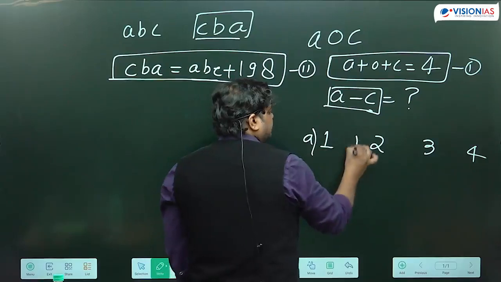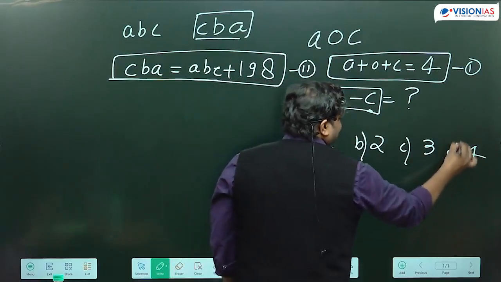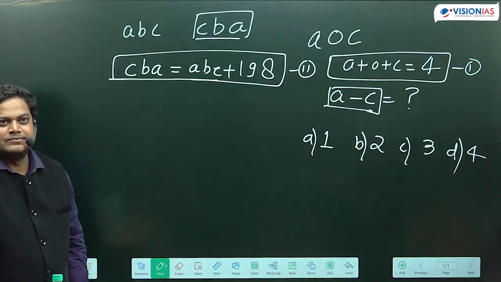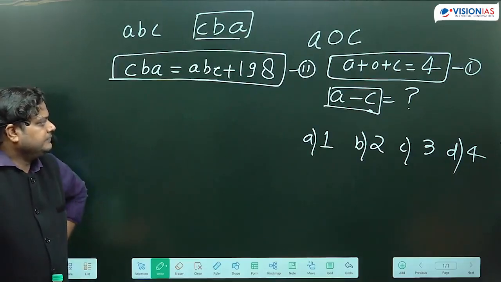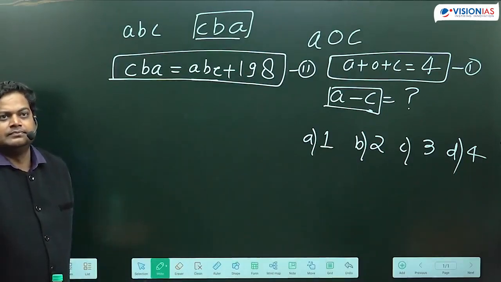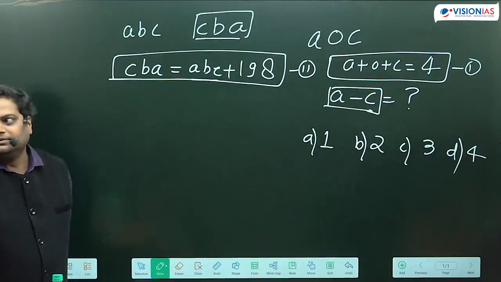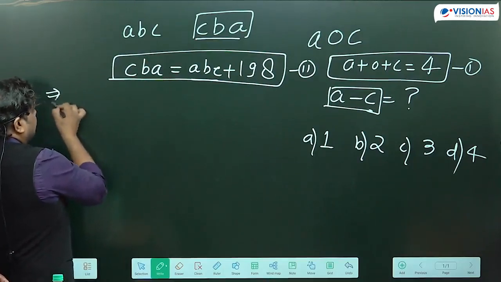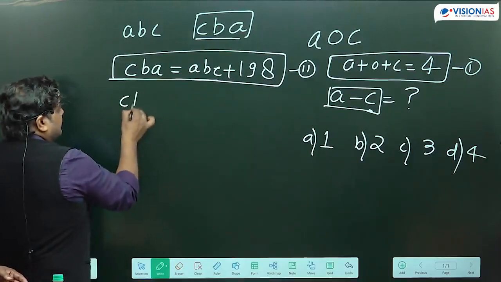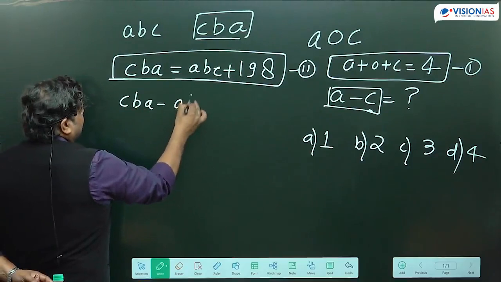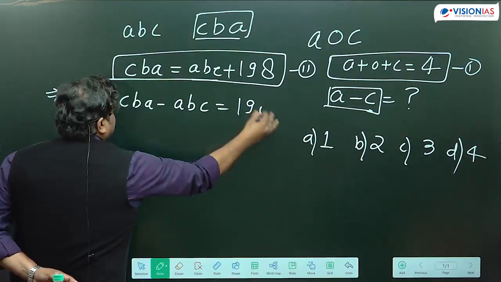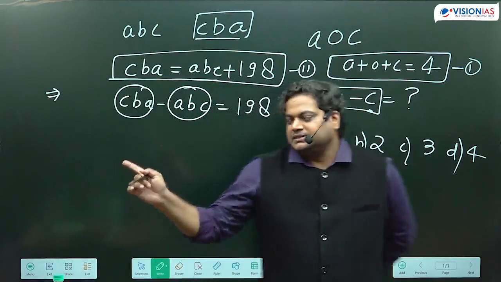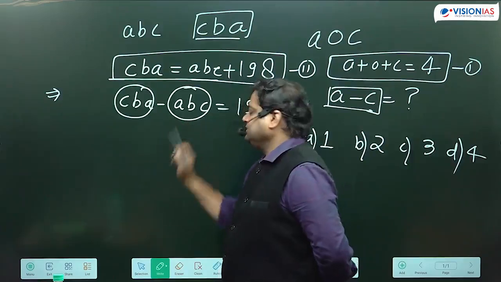Options. टू आ रहा है. We can simply take this. यहां पे क्या लिखा है? Is equal to 198. अब इसकी प्लेस वैल्यूज if we calculate, ये तो नंबर्स 3 digits हैं ABC.